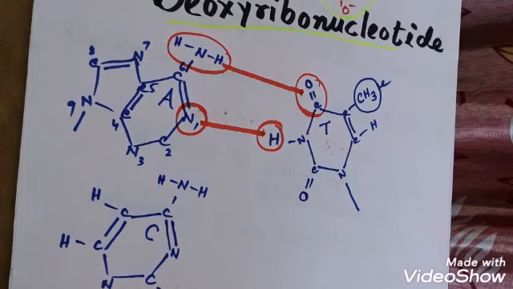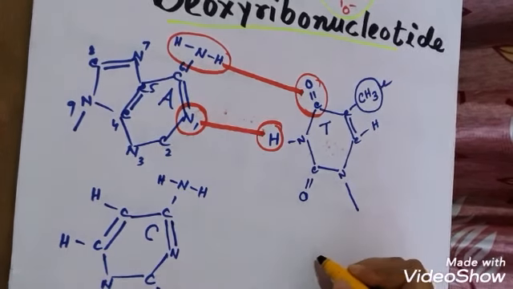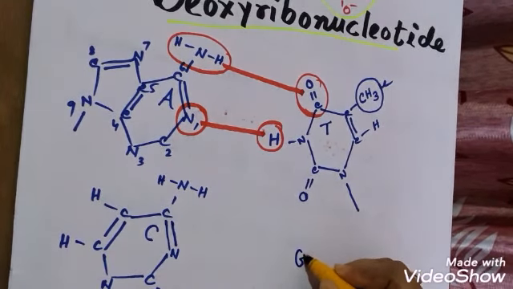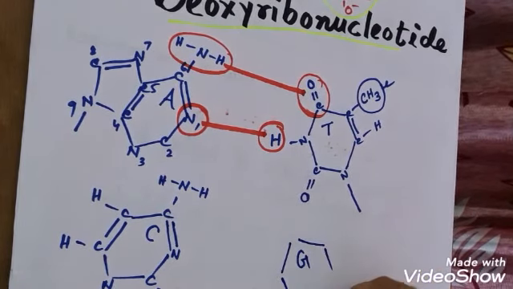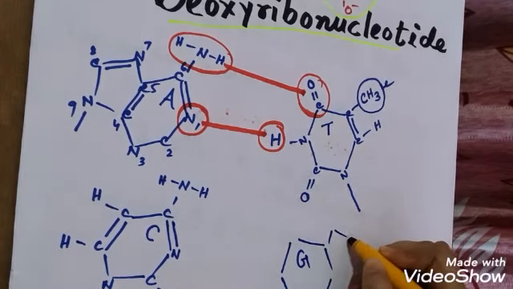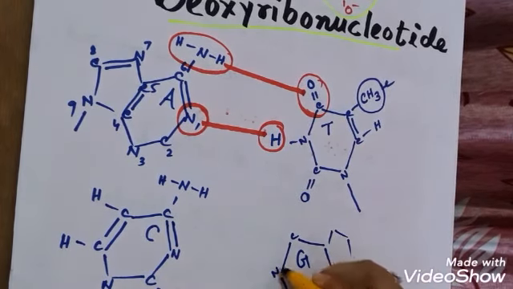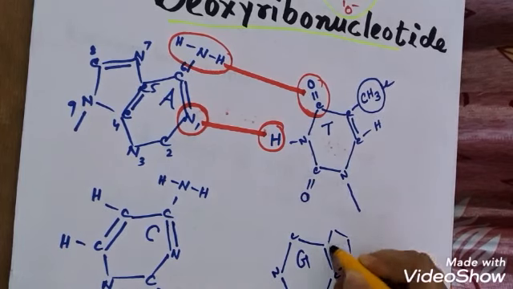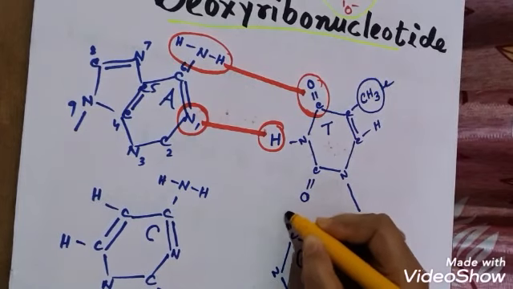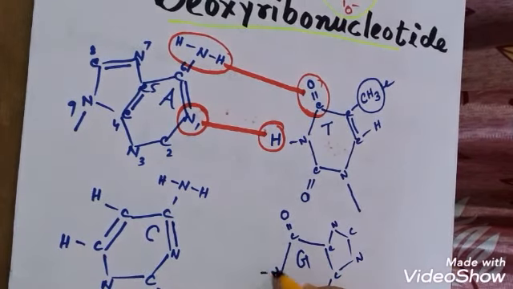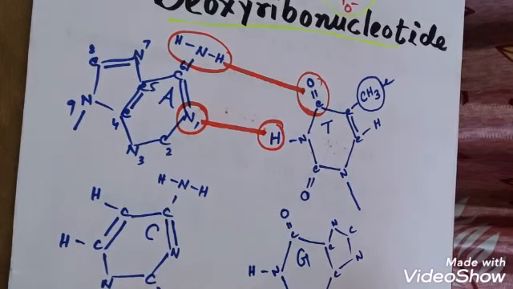Now we will put a guanine for bonding with cytosine. It is again like adenine. C, N. We'll put a keto here, then the hydrogen there, an amine is there. Guanine also has an amine as well as a keto.